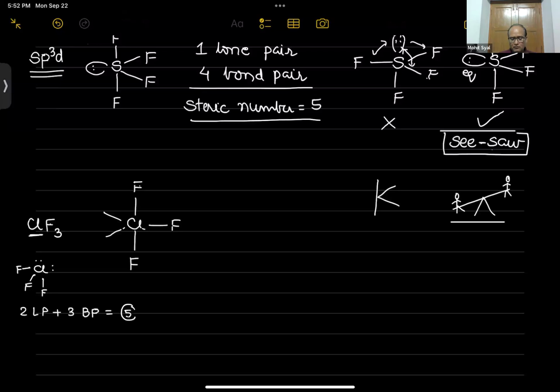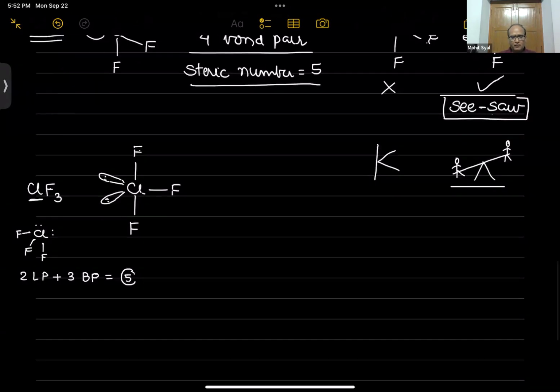So we were having 2 bonds like this, but now we are putting the lone pairs. The shape of the molecule is like this, and if you make it like this, it becomes a T. Got it? T shape.